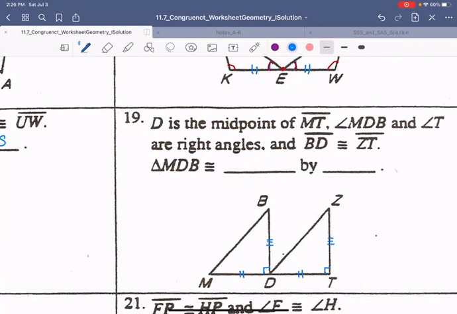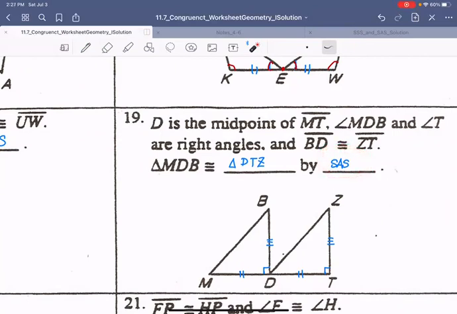So triangle MDB is congruent to DTZ by SAS. Who else can you use here? SSS?